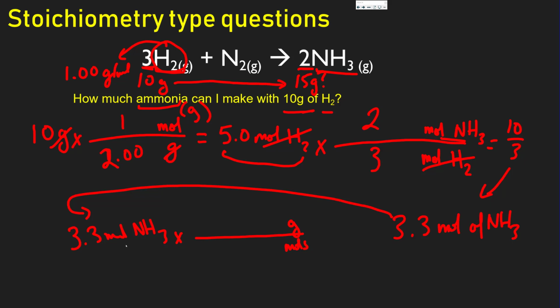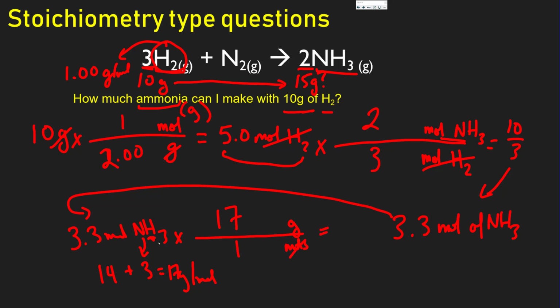That's how I convert moles to grams. Now I need to find the molar mass of NH3, so I'm going to do this in my head. 14 is for nitrogen, plus 3 because there are 3 hydrogens which are all 1 gram per mole. That gives me 17 grams per mole, rounded off. So I'm going to put 17 grams for every 1 mole.